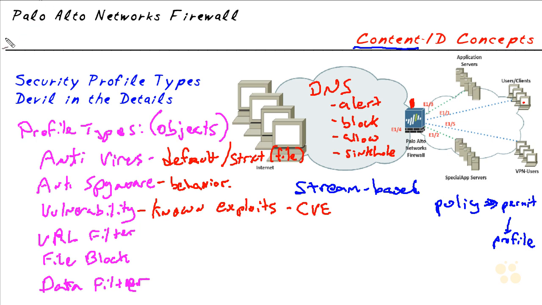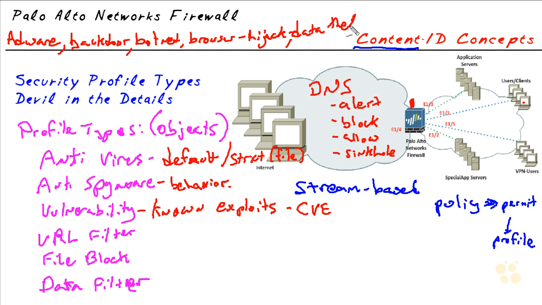Obviously, the any category always works, but we have adware, backdoor, botnet, browser hijack, data theft, keylogger, network worms, peer-to-peer, and spyware.